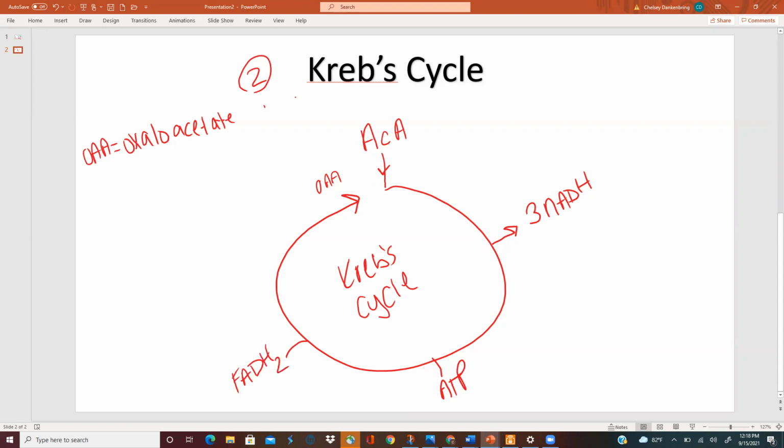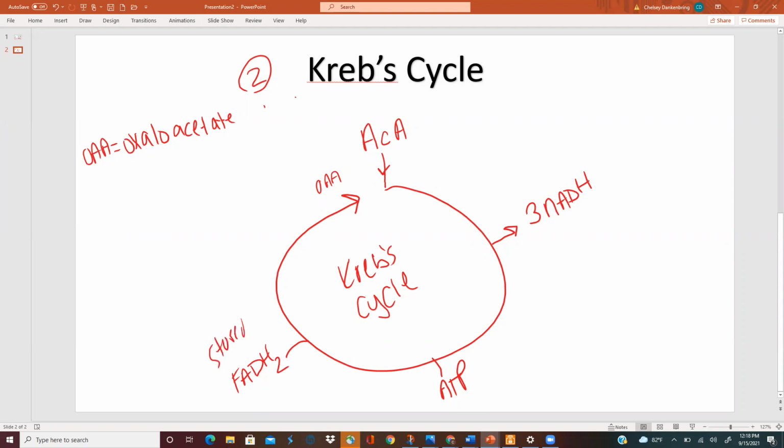So again, 3 molecules of NADH, that's stored energy. 1 molecule of ATP, usable energy, and 1 molecule of FADH2, which is another form of stored energy.